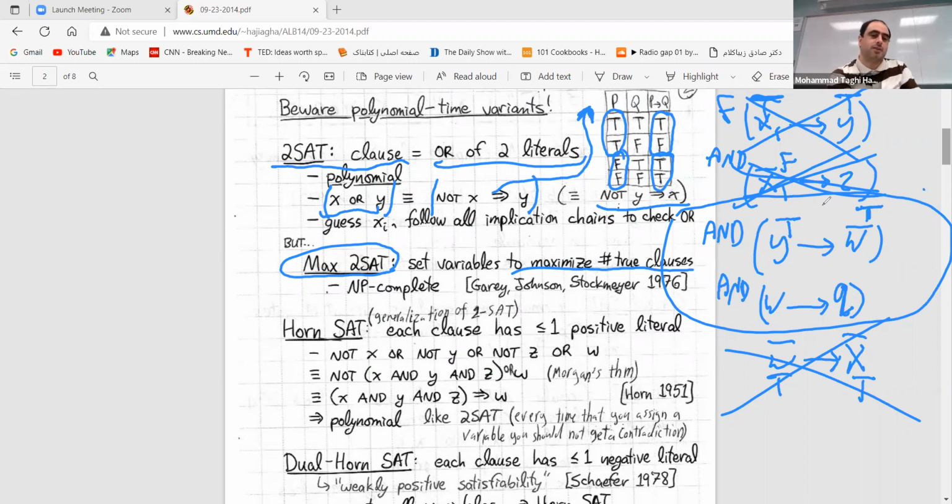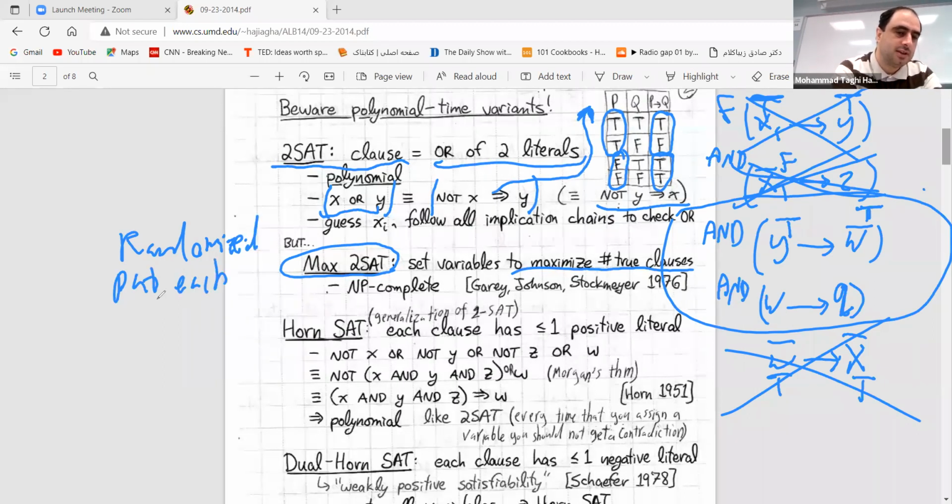Yeah, so that's actually a very simple algorithm. This is a randomized algorithm. Put each variable true with probability half.